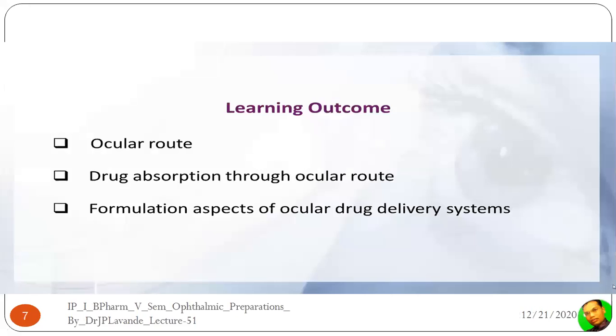Before directly going, what the student should know, or what is the learning outcome of this. After going through these slides, the student should be able to understand what the ocular route is, how the drug absorption will occur through the ocular route, and what the different formulation aspects of the ocular drug delivery system are.